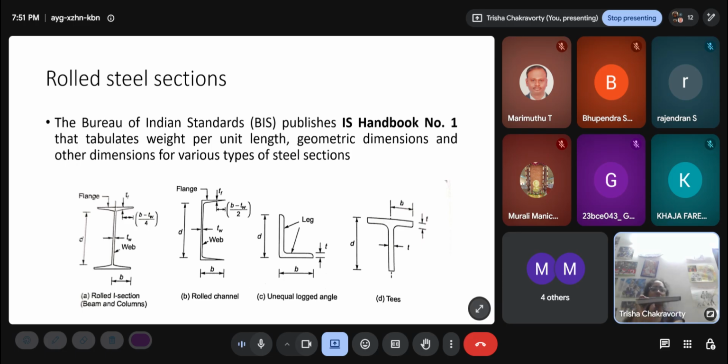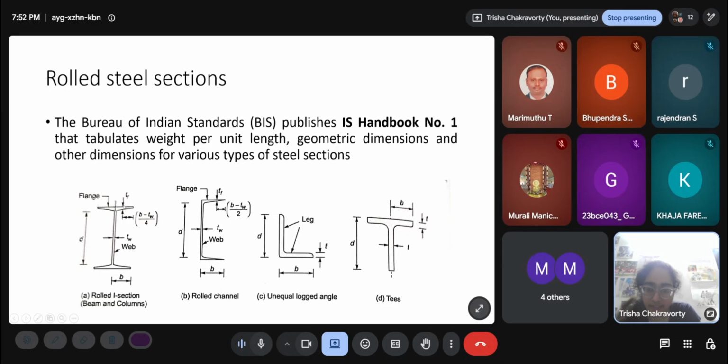For concrete it is usually rectangular, but a steel section looks like an I section here. Next time you go to a railway station, look at the foot over bridge or any bridge. Look at the truss members and all, you will see that they are not rectangular members. They have this kind of flanges and webs, and they're visible also. If you just keep an eye open, you will see all this around you.